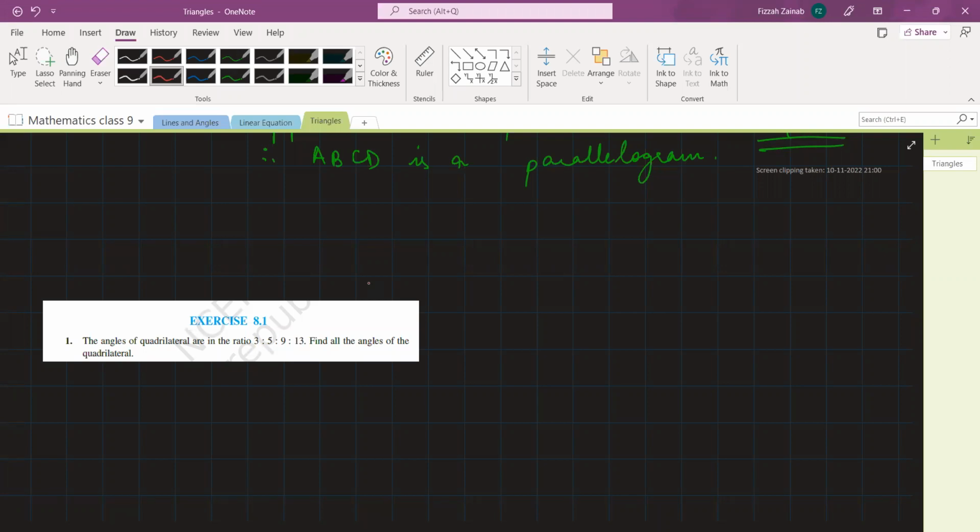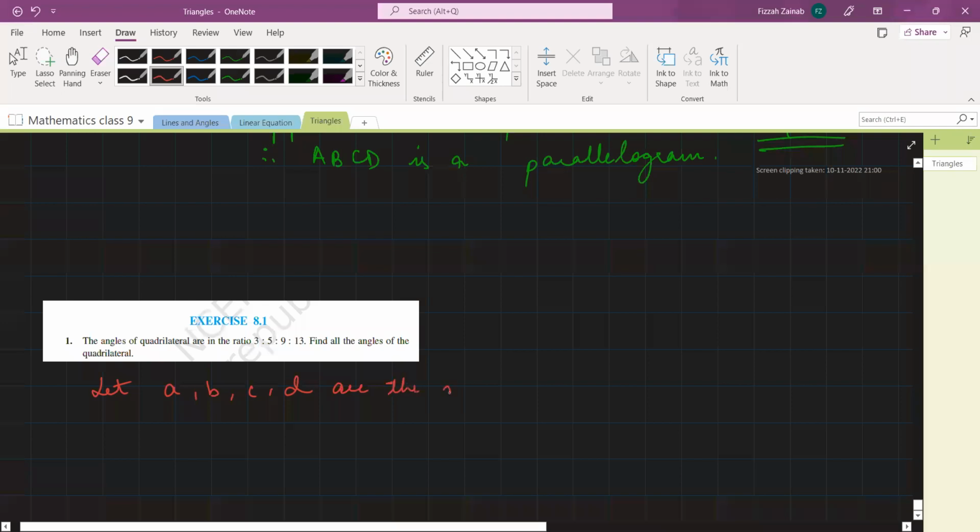So I told you that when anything is given in the ratio, you take it like that: 3x, 5x, 9x, 13x. Is that clear? So let A, B, C, D be the angles of the quadrilateral.